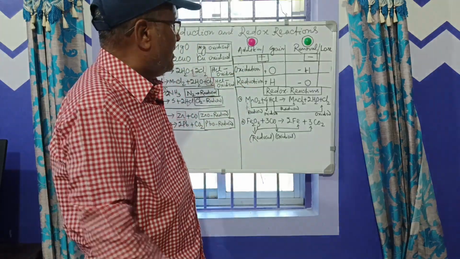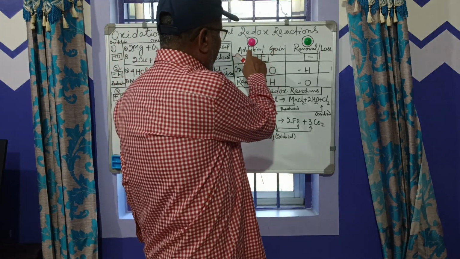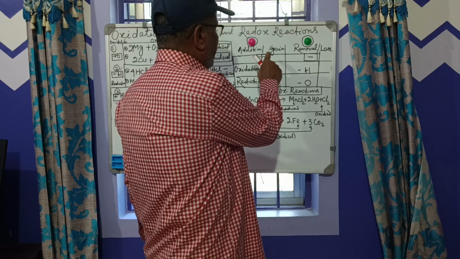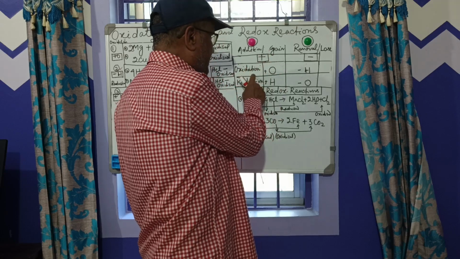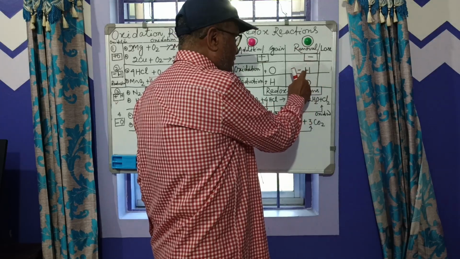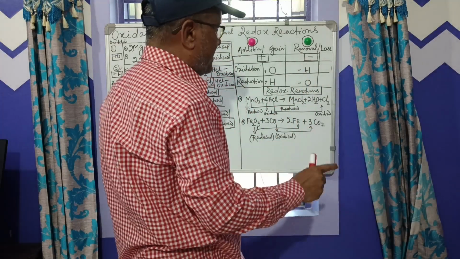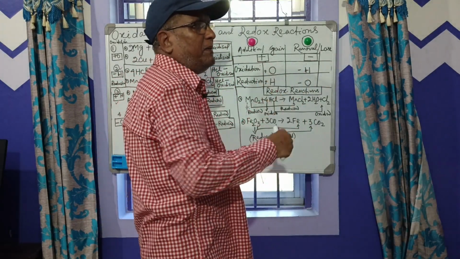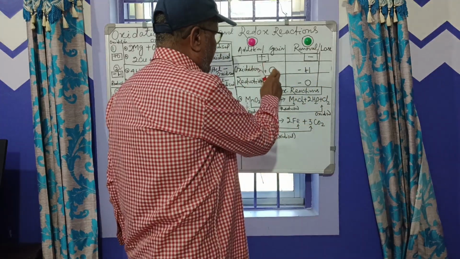Now you see the addition or gain. Gain of oxygen is called oxidation reaction, or removal or loss of hydrogen is called oxidation reaction. The gain may be atom or ion.